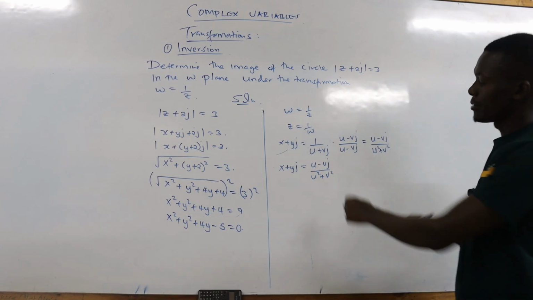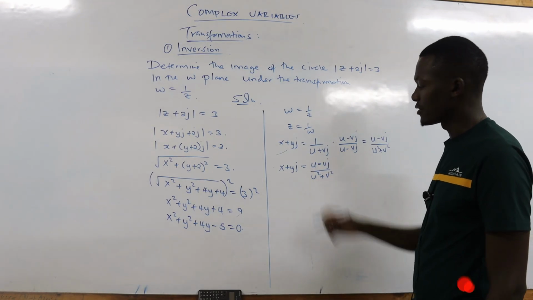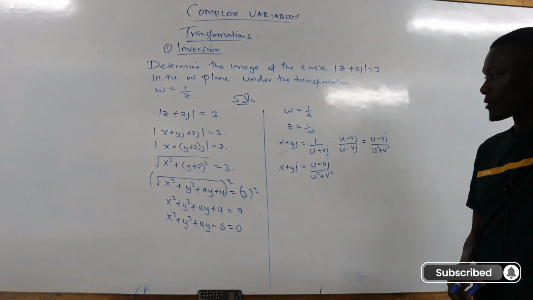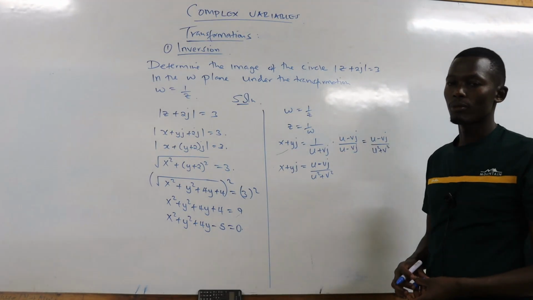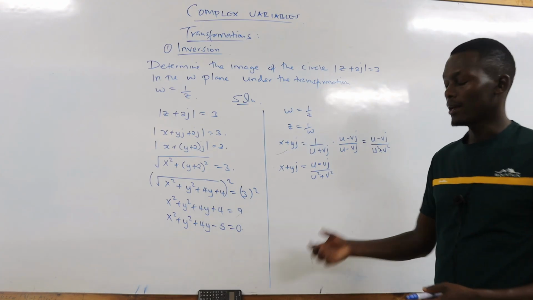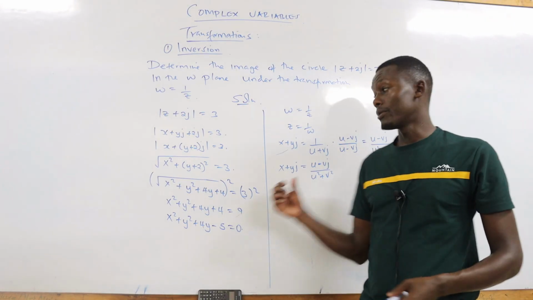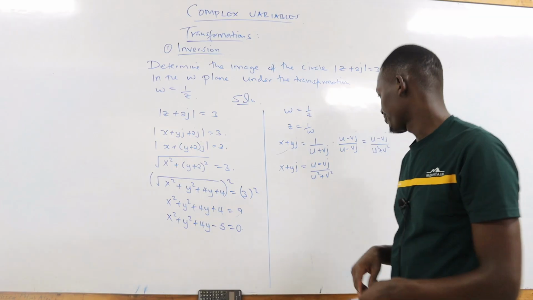Now remember, we have two terms in the numerator. We have the u and we have the vj. So we can split them into two so that we can compare. Remember, what you're supposed to be doing is making x the subject of the formula and y the subject of the formula. Then the x and y are replaced in this particular equation so that you can get the image that has been found by this particular transformation.